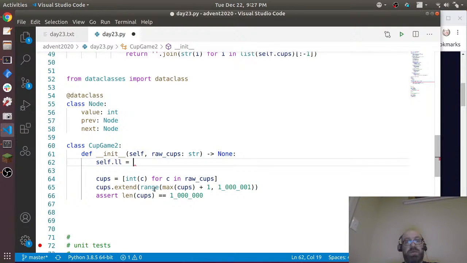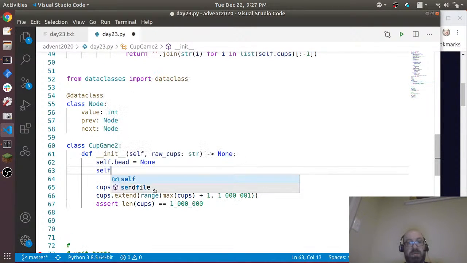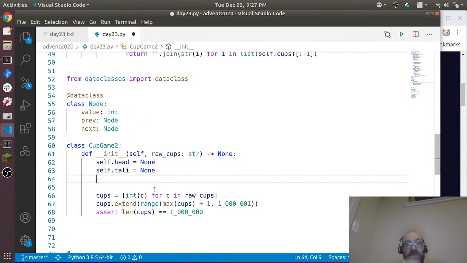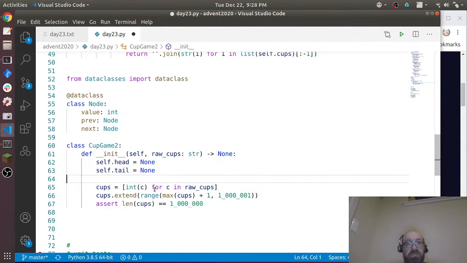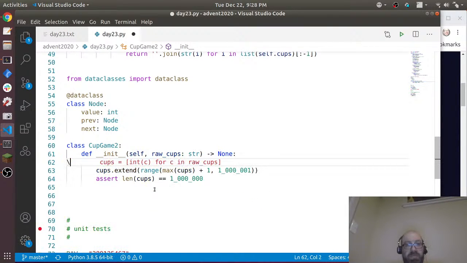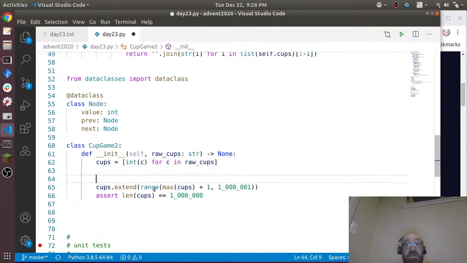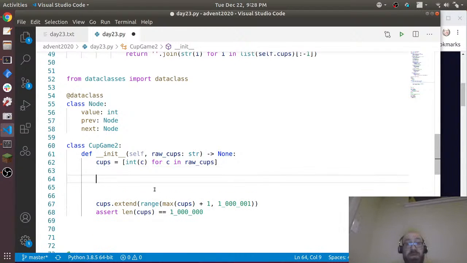So what do I want to do? So tail equals None. Boy, I haven't done one of these since I practiced for coding interview problems. Actually, let me start this way. Cups equals int c for c in raw cups.